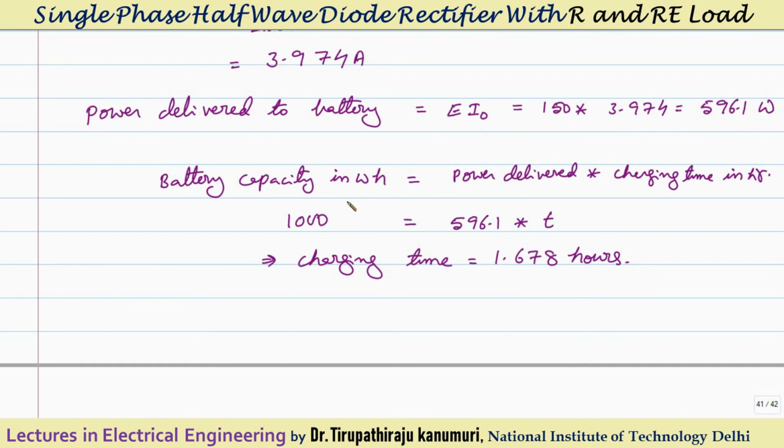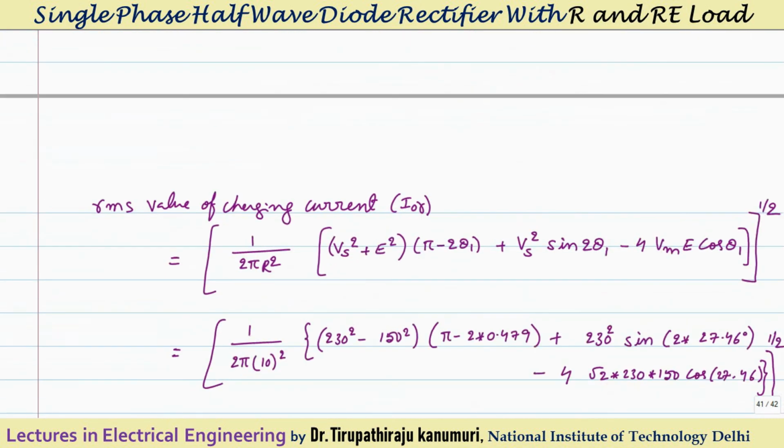The battery capacity is mentioned as 1000 watt hours. Watt hour is nothing but watts multiplied by the duration in hours. So this will be equal to power delivered multiplied by time in hours. So the charging time in hours will be 1000 divided by 596.1, which is 1.678 hours. So we got the charging time.